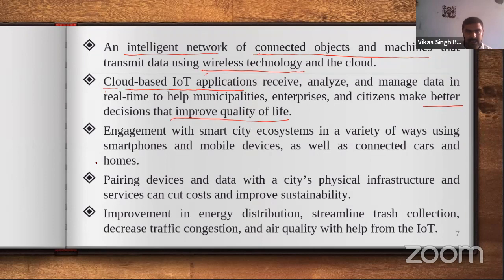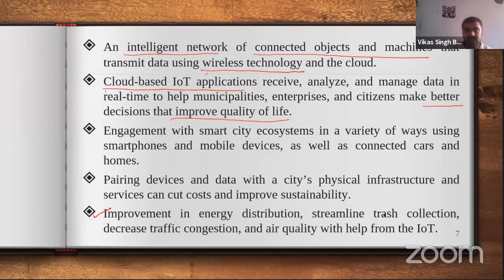One example may be that this process can be used for the improvement in energy distribution. Another example may be to streamline the trash collection, the waste. Whenever the dustbin is full, that smart dustbin will send a message to the trash collection team.